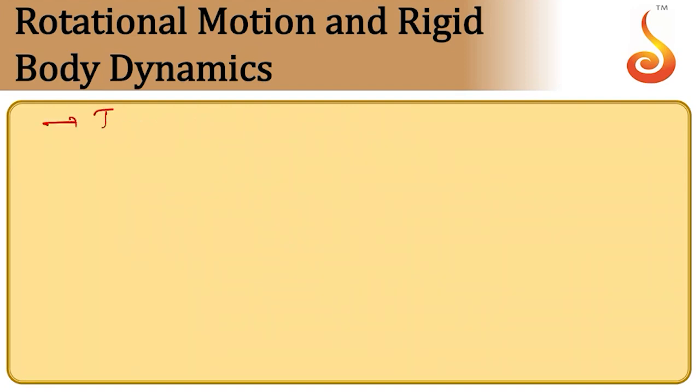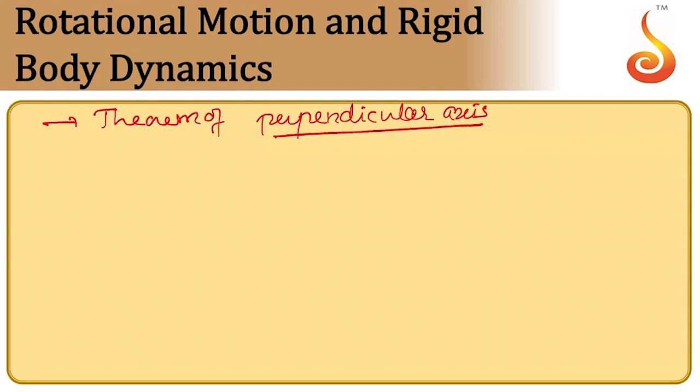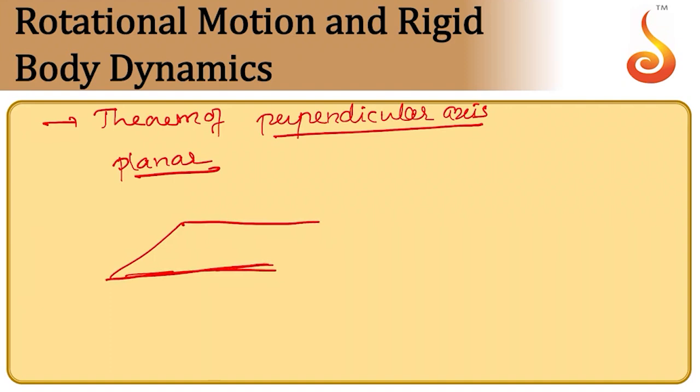Second is the theorem of perpendicular axis. This is applicable only for planar objects. For example, let me consider a planar object, maybe in the form of a plate.